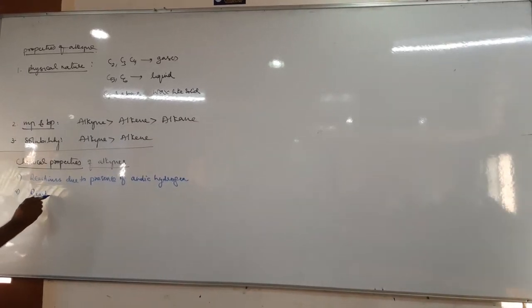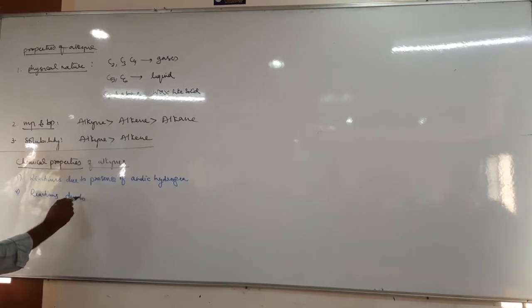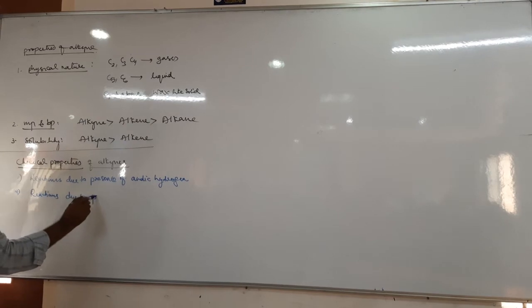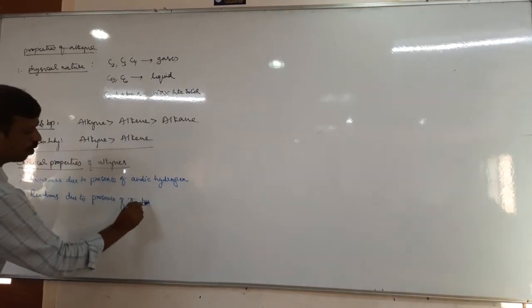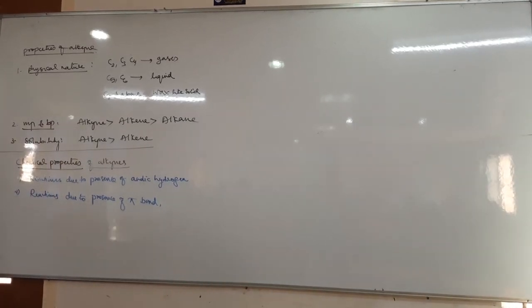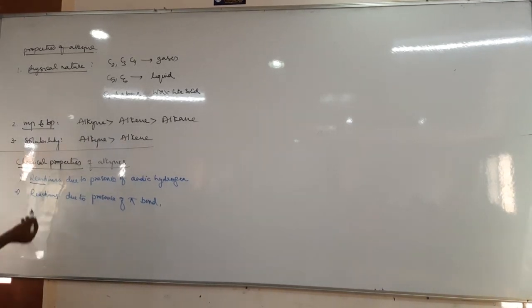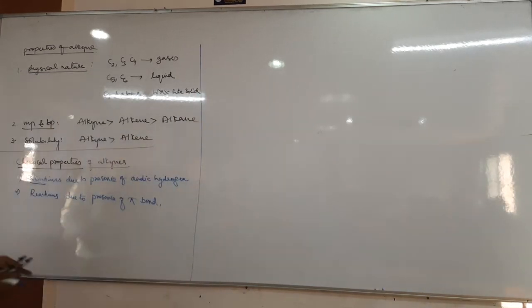And second one is reactions due to presence of pi bond. Right. So due to presence of pi bond and due to presence of acidic hydrogen, they undergo different reactions. Let's see the first one, reactions due to presence of acidic hydrogen.